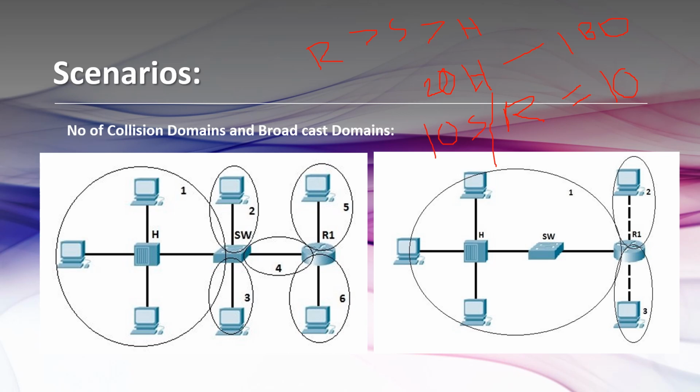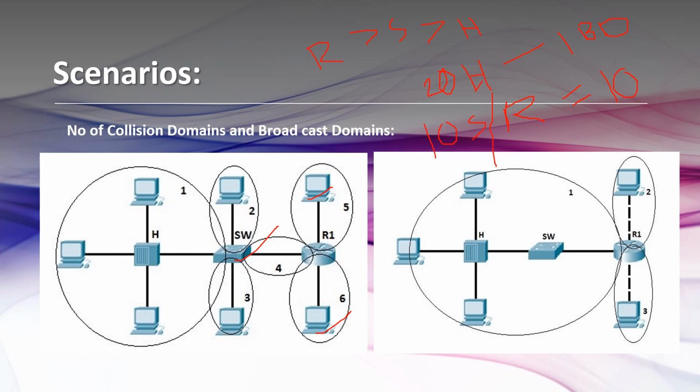The number of ports on a router and switch equals the number of collision domains and broadcast domains. This router has 3 ports connected to PCs, one connected to the switch and another one is a PC. So each port belongs to a separate collision domain, 3 collision domains.